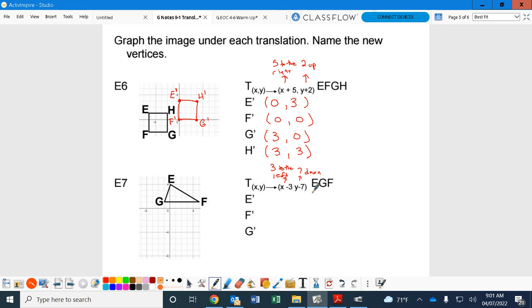Okay. Since I move 3 to the left and 7 down, I'm going to take each one of these points and go 3 to the left, 1, 2, 3, and then 7 down, 1, 2, 3, 4, 5, 6, 7. There's my first point right there. That's E prime.